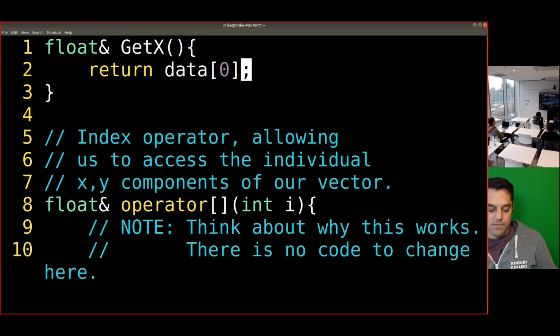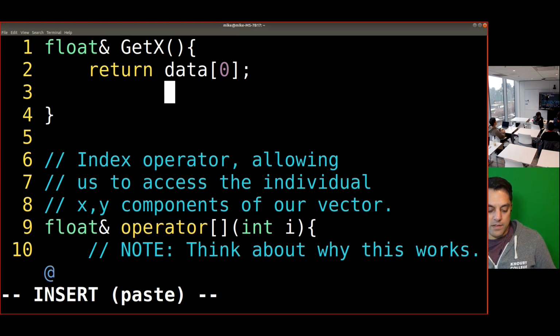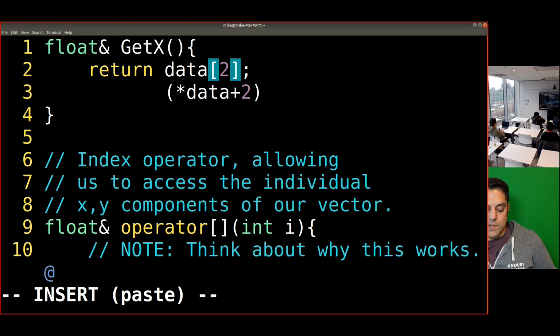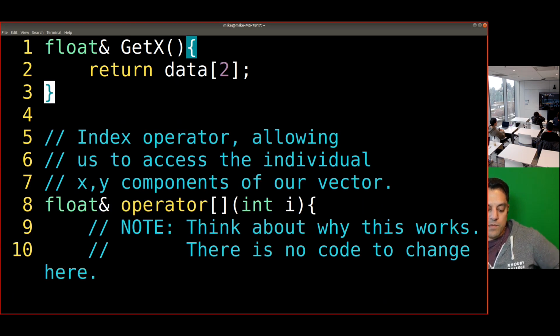Yep. Yeah, it's actually the equivalent to dereferencing and then adding some offset here, +1 or 2 or whatever. So that's the equivalent operation. That's sort of the magic with what's going on here when I'm saying, okay, give me the actual floating point value.